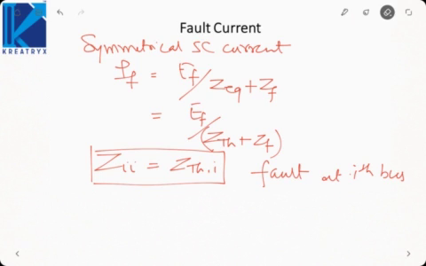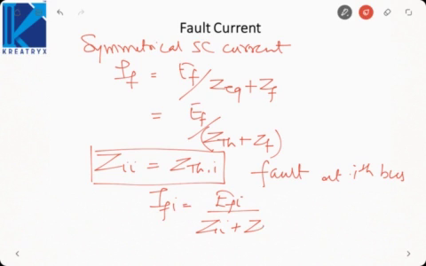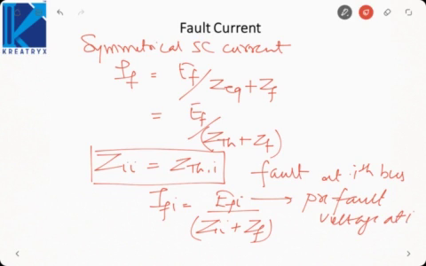That means the fault current at ith bus will be Ef_i over Zii plus ZF, where Ef_i is the pre-fault voltage at i. What is pre-fault voltage? Voltage before the occurrence of a fault. So that is also one of the methods by which we can calculate the symmetrical short circuit current in terms of the Z-bus matrix. Is it fine?